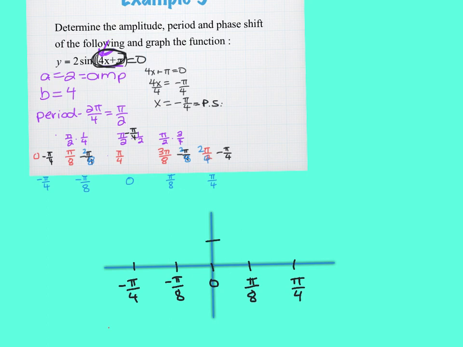Amplitude is 2. I start at 0. I go up to my amplitude. I go down to 0. Down my amplitude. Back up to 0.